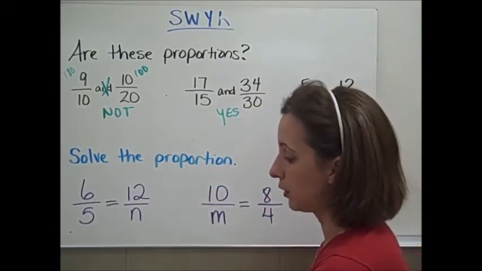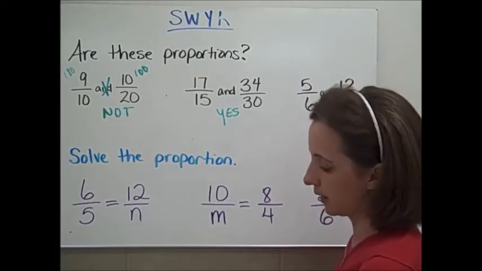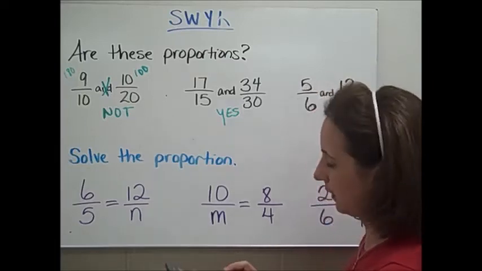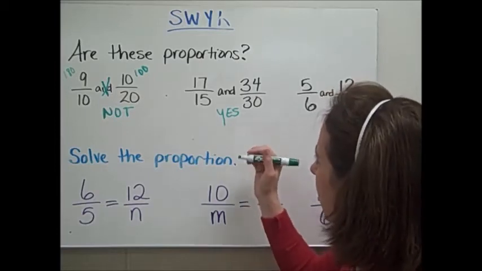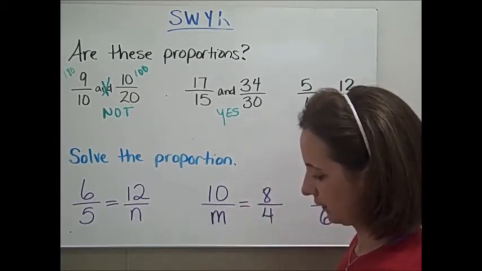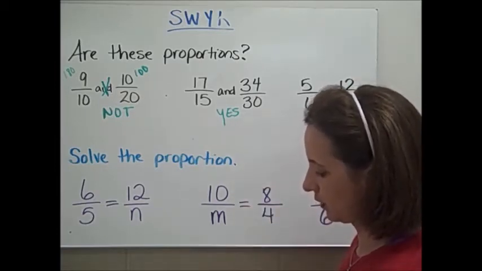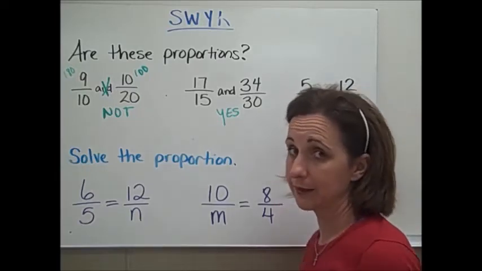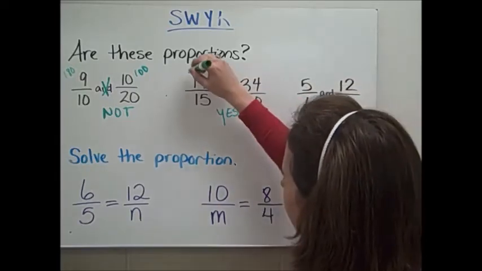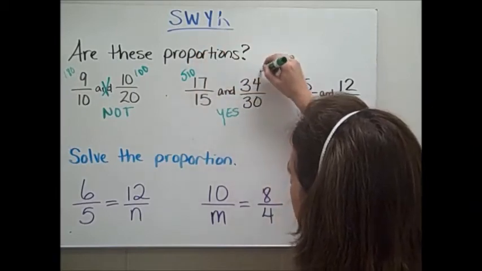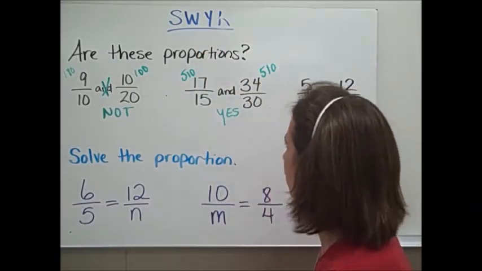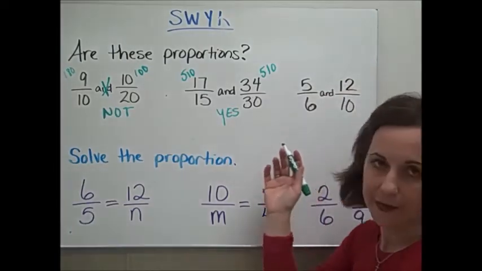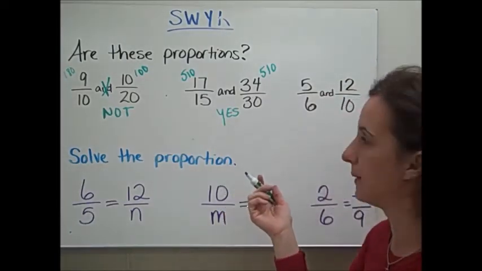And if you wanted to use the cross product method, you would do 17 times 30 is 510, and 15 times 34, anybody guess? It's 510. So because both of these are 510, the answer is yes, they're a proportion. 5 to 6 and 12 to 10.